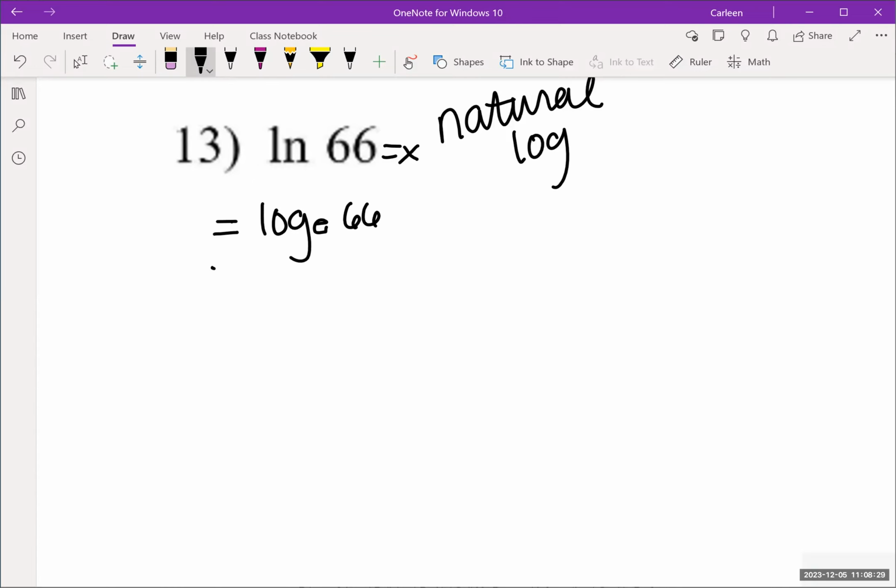So that's what it is. But look at your calculator. We don't have to do anything. Can you see that your calculator has natural log? Yeah, it's right there. That's what a natural log is. It's log base E. And you're probably asking, wait, what is E? We're going to talk about E later.